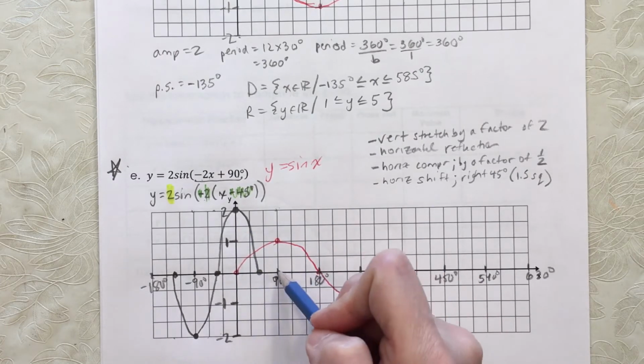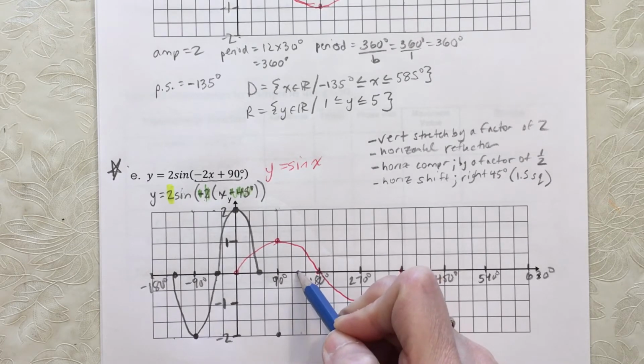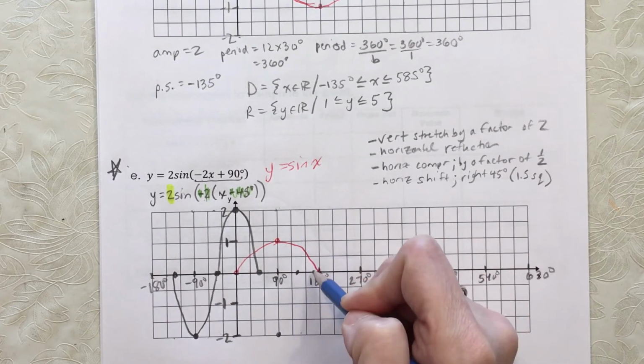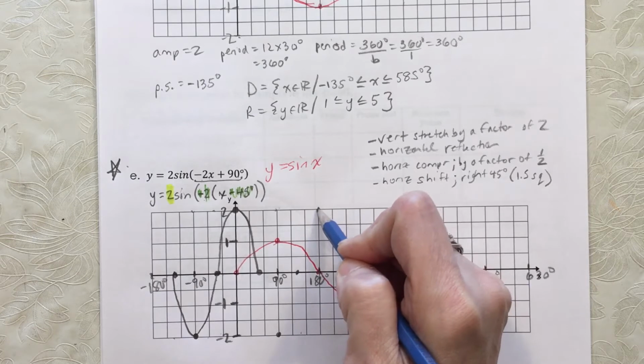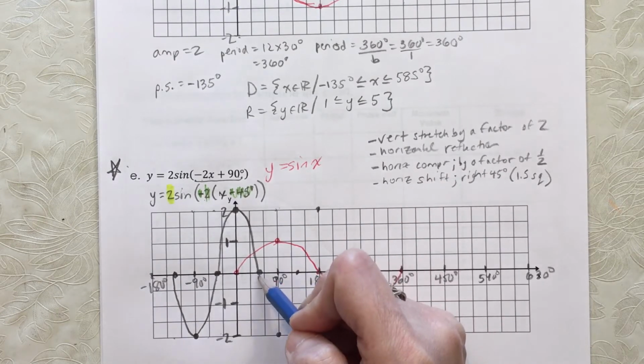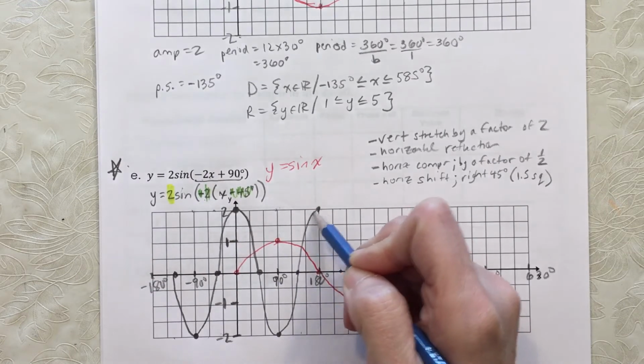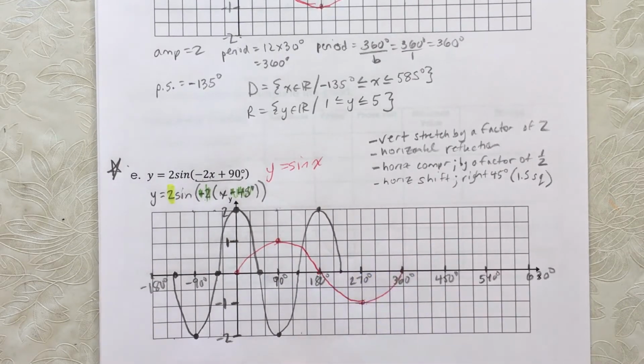So I'm going to go over 1.5 down 4, over 1.5 up 4, over 1.5 up 4, over 1.5 down 4. And then I should be able to draw my second cycle in. Okay, so there's my 2 cycles.